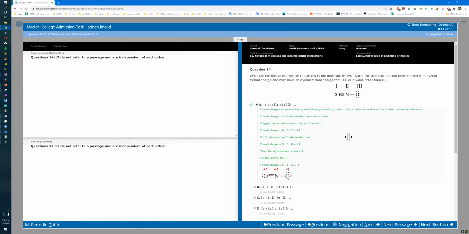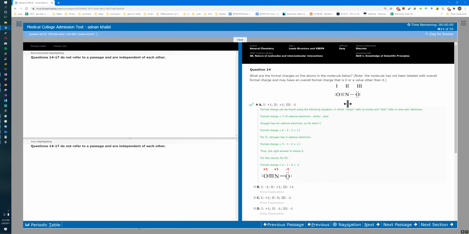Alright, formal charges. So basically, the way I do this is just count the number of valence electrons it has, or rather supposed to have, and subtract it by the number of valence electrons that it has in whatever molecule they give us. So oxygen's supposed to have 6, but it has here 1, 2, 3, 4, 5.